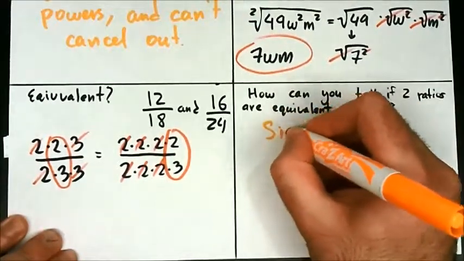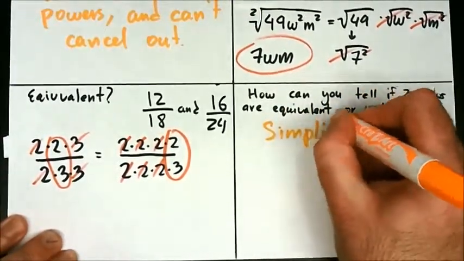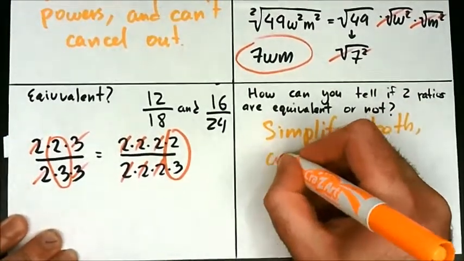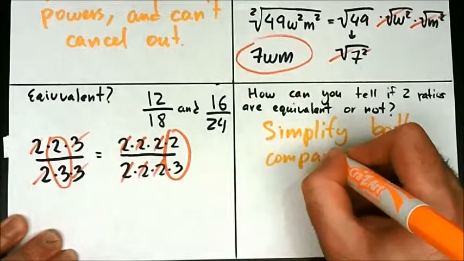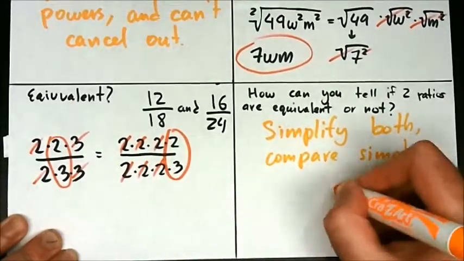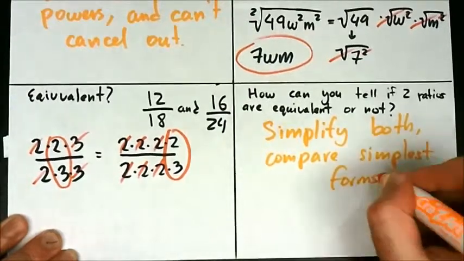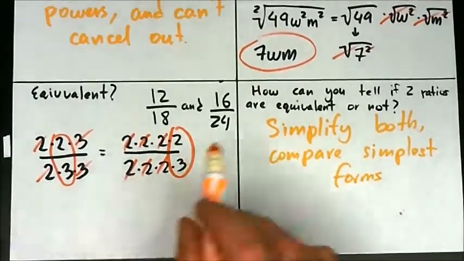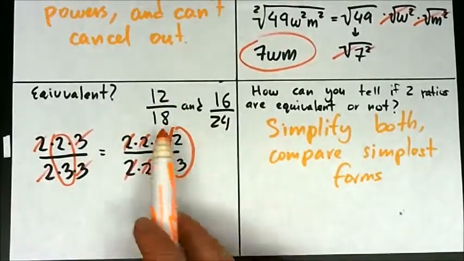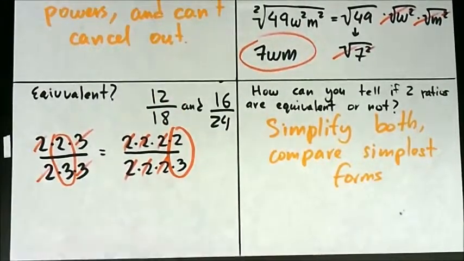So simplify both, compare simplest forms. It's exactly what we did here. We simplified them both. This one simplified down to 2 over 3, this one too. Again, 2 over 3, we compared them. 2 over 3 is indeed 2 over 3. That's that. Questions about that one?